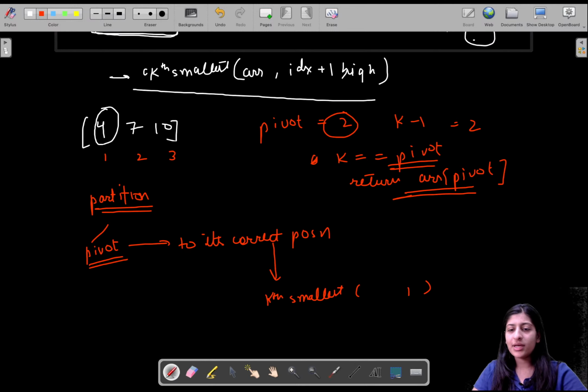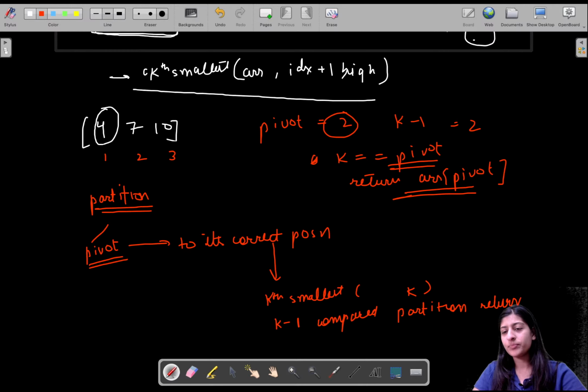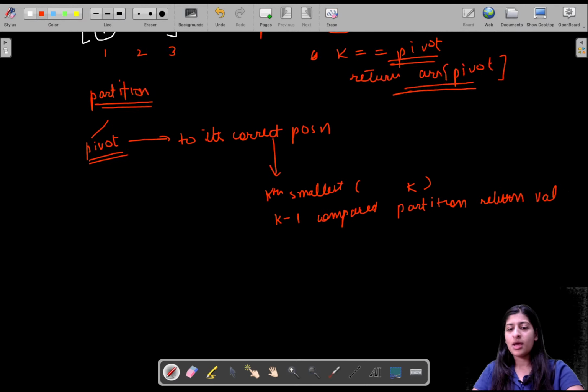Then whatever k you have, k minus 1 is compared with the partition's return value.